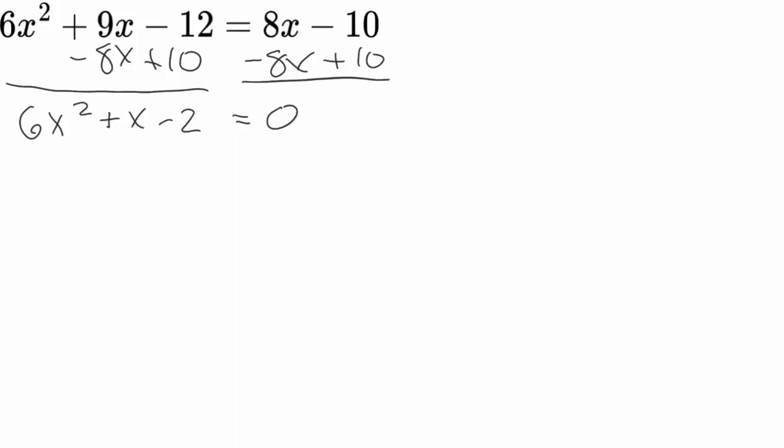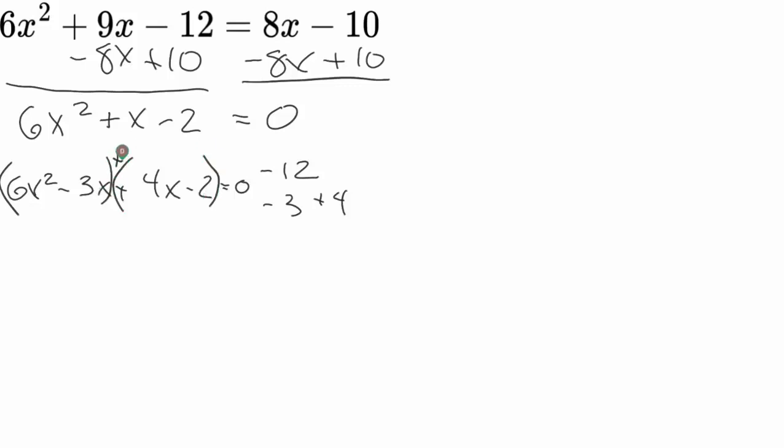6 times negative 2 is negative 12. And so with negative 12, it's going to be a plus 4 and a minus 3. That's going to give us our middle term. So I'm going to write 6x squared minus 3x plus 4x minus 2 equals 0. We can go ahead and group these. I'm going to divide the first by 3x, next group by 2.